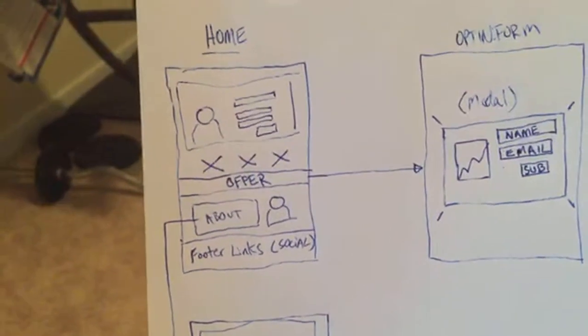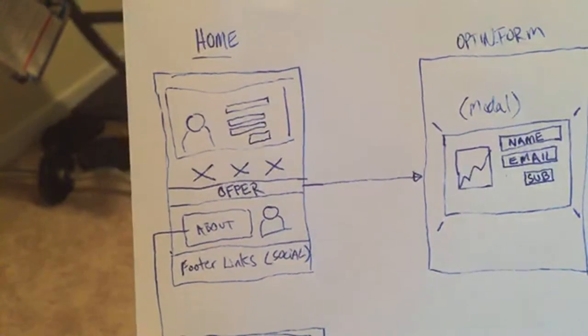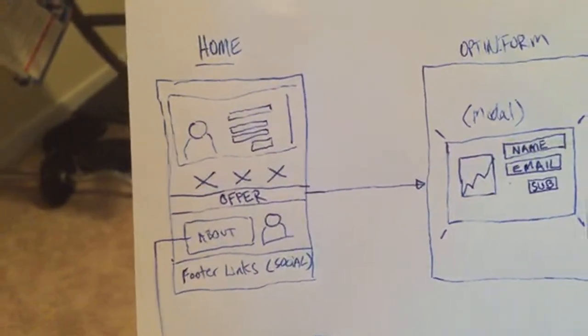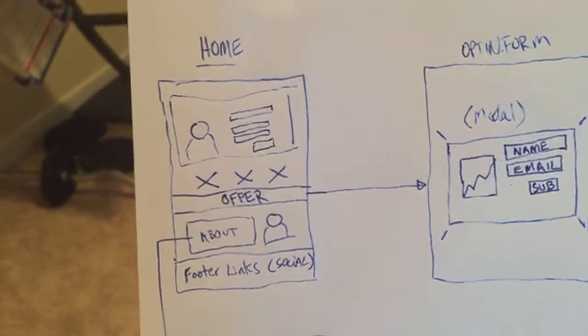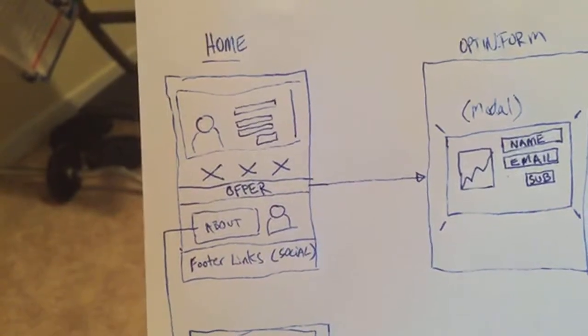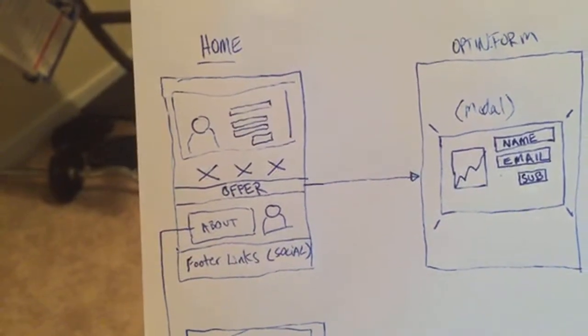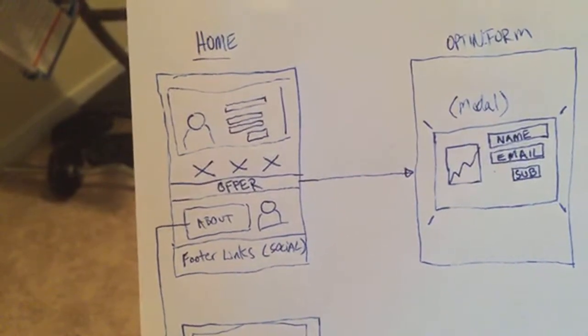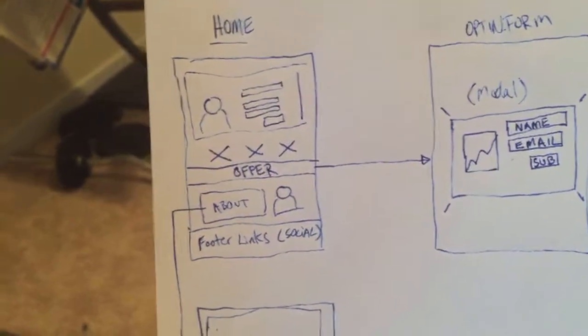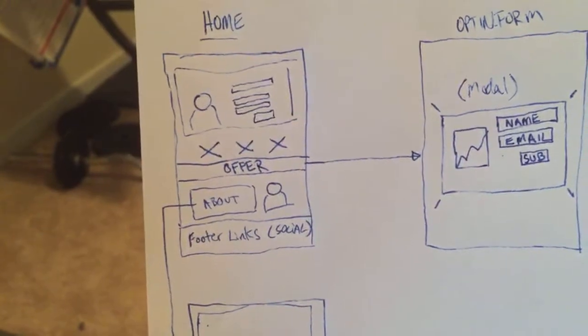I've got a little hero image with a picture and maybe some text to describe who I am and what I'm about. And then below that there are three X's, places where I could put maybe the top three topics that I cover, or some background on my offer, right?